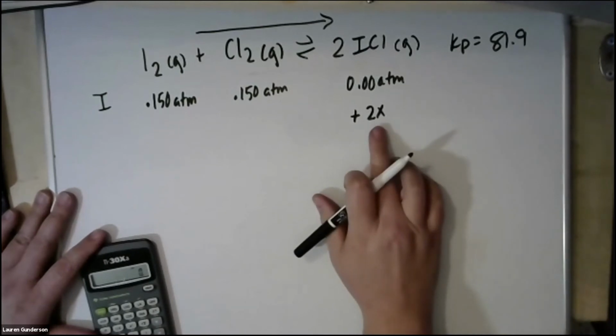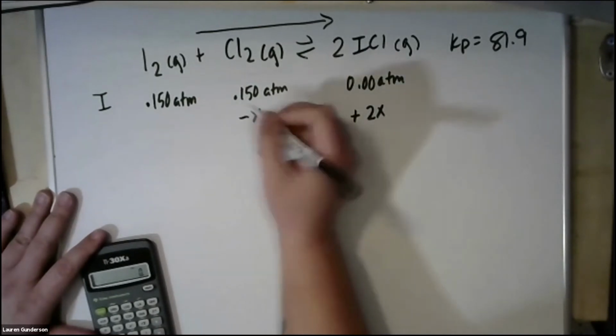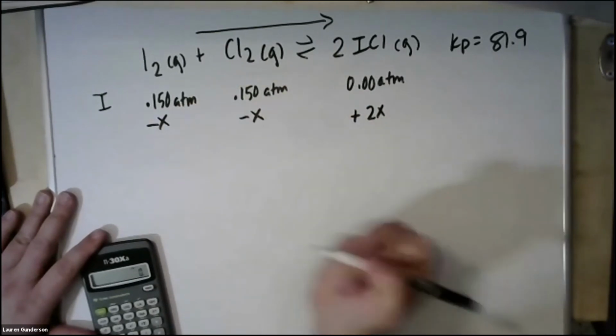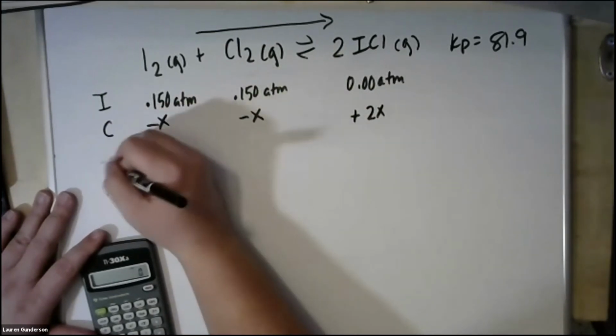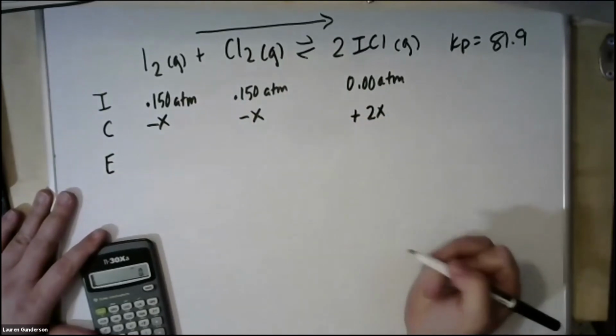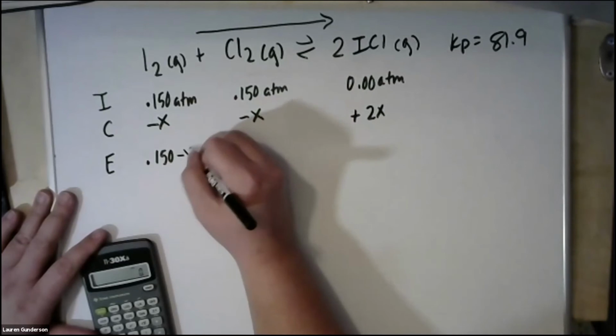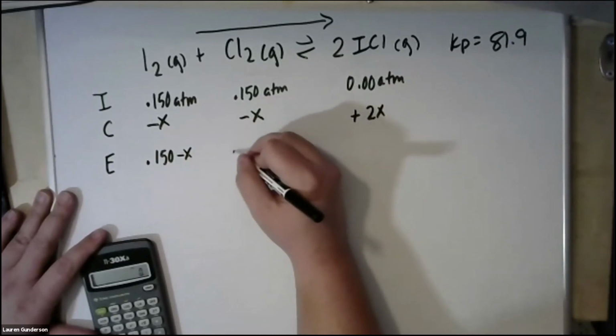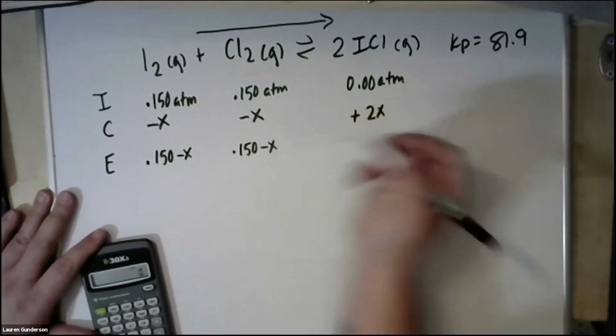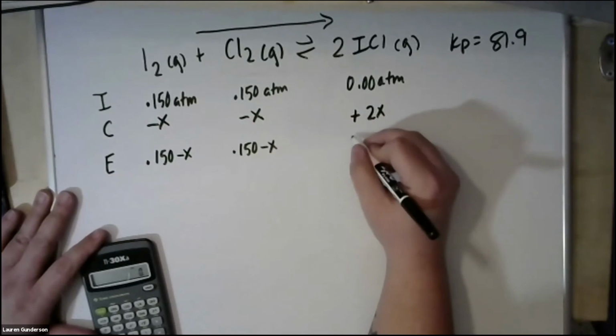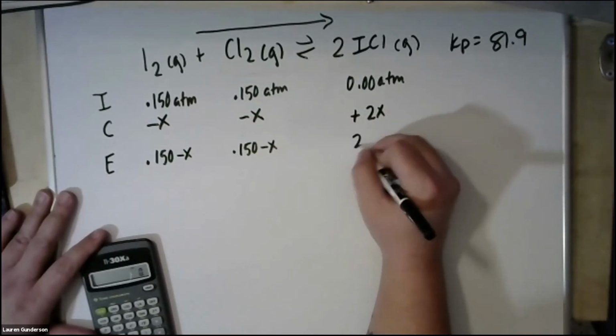And if we're creating product, that means we're using up these reactants. All right. So we can set everything up just like we've been doing. And then we'll have just 2x over here.